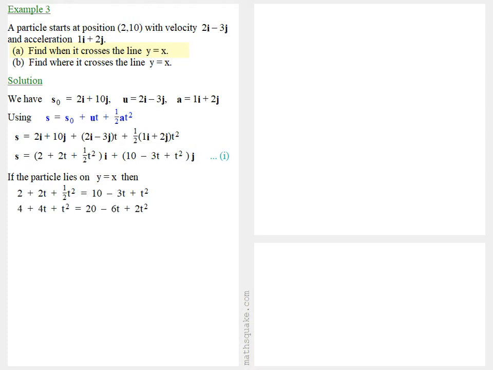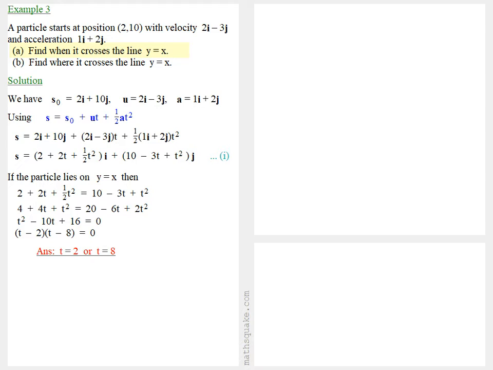If we double that, we get 4 plus 4t plus t squared equals 20 minus 6t plus 2t squared, which simplifies to t squared minus 10t plus 16 equals 0. Now that's a quadratic equation that we need to solve, but it factorizes. It factorizes as (t minus 2)(t minus 8) equals 0, so t is 2 or 8. So we get for our answer, it crosses the line y equals x when t equals 2 or t equals 8.